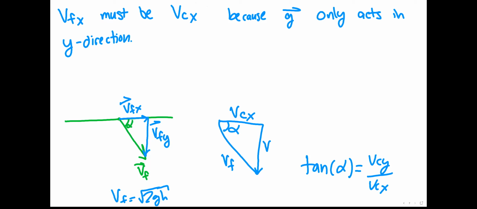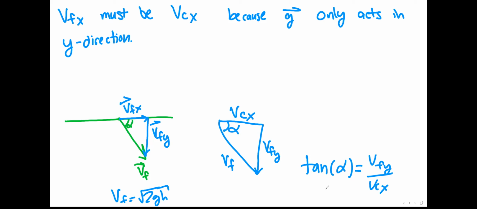So this is VFY. Does that make a bit of sense? So we want the tangent of this. If we can get this ratio, then we just do the arctan of that ratio and we get alpha.